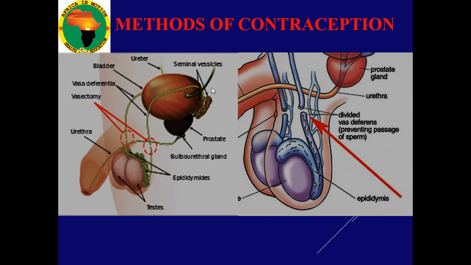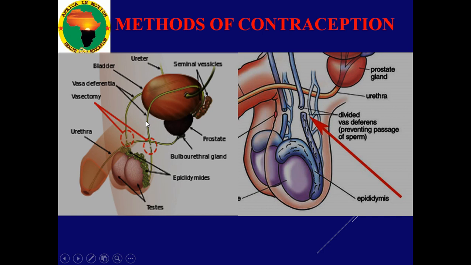If you see the male reproductive system, you can see the testis here, and these tubes on both the left and right sides. They come along this way and enter here, then meet the seminal vesicles, and enter through the prostate gland and continue along. So when it is being cut, you cut it before the prostate and before the seminal vesicles.